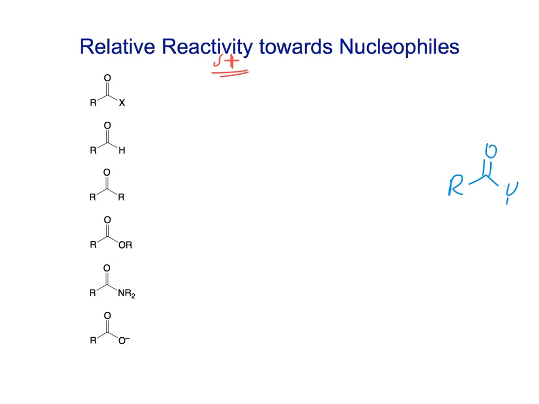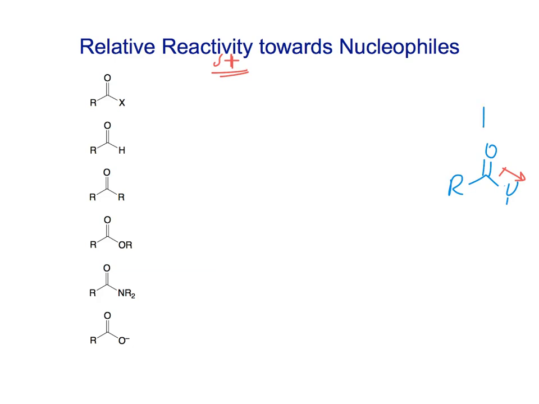We kind of have two different things that can happen here, right? We can have this Y group pull electron density away from the carbonyl carbon, right? We already have a delta plus on that carbonyl carbon. And if that group mostly pulls electron density away, is that going to make it more reactive or less reactive? Make it more reactive, right?